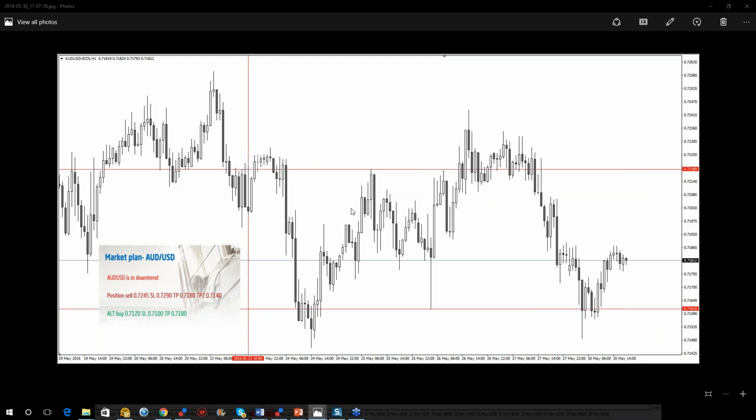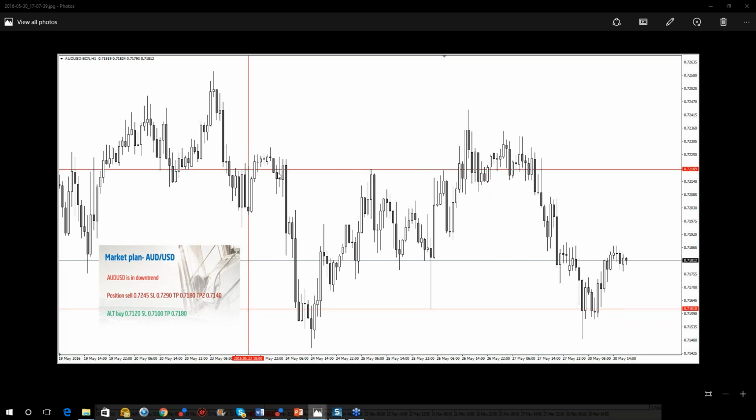Here, this was Australian dollar. As you can see, this was the time of our webinar, and entry was here, or it could be here. Maybe you were a bit unsure about this entry, but even if you took this entry here, I personally took this entry because I was a bit late, since after I finish my work, I usually don't stare at the charts.